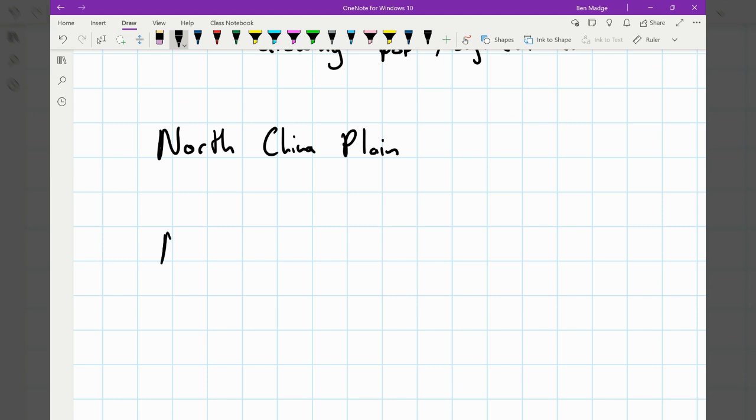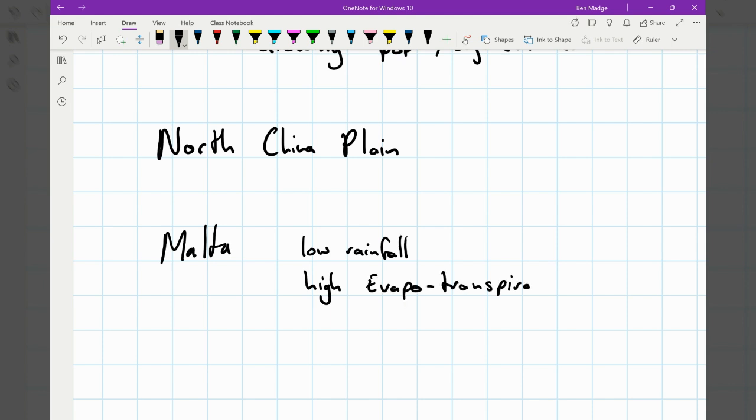And the last one then is Malta, which is a small island in the Mediterranean, which has low rainfall, high evapotranspiration, and so a lot of the aquifers are contaminated with saltwater intrusions through overexploitation.